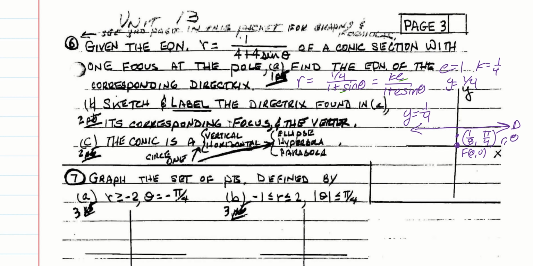And if you want, I don't think it'd be wrong, you could write it as (0, 1/8). You just have to make note of what coordinate system you are using. Oh, you have to circle these things. And the conic section is going to be a vertical parabola.